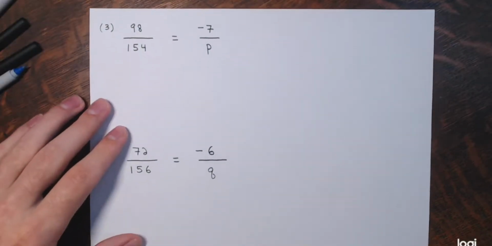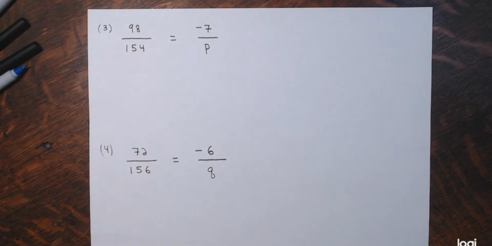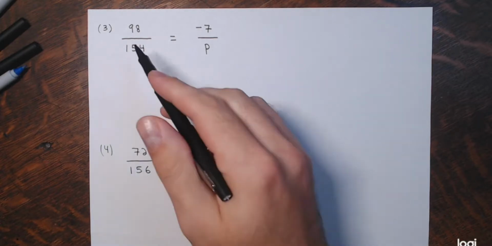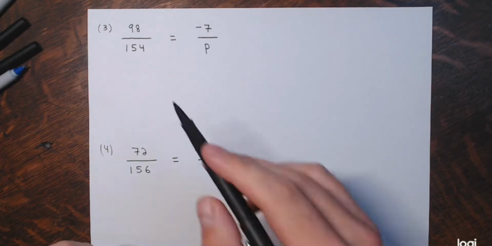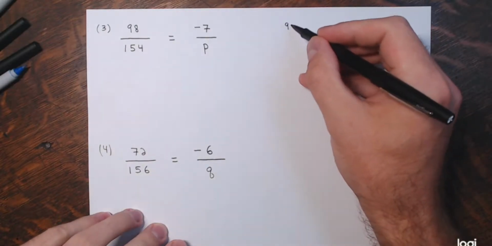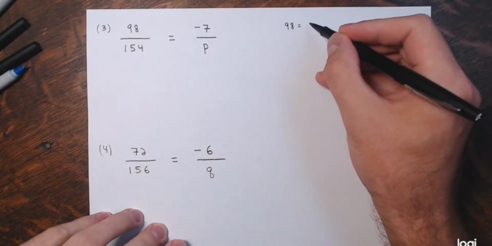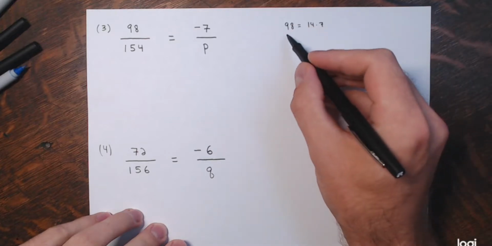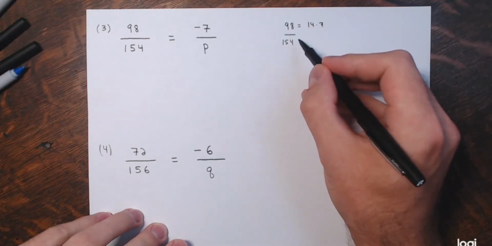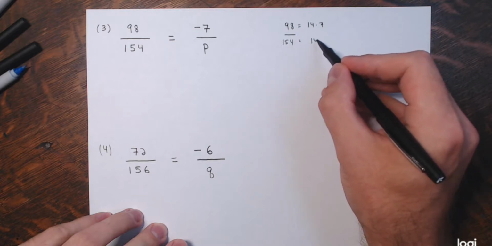So next, example 3. Same thing, the 98 over 154. 98 is 14 times 7. 154, that's 14 times 11.